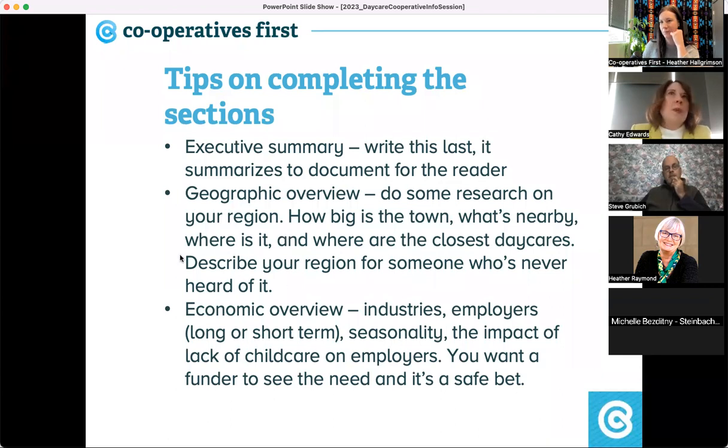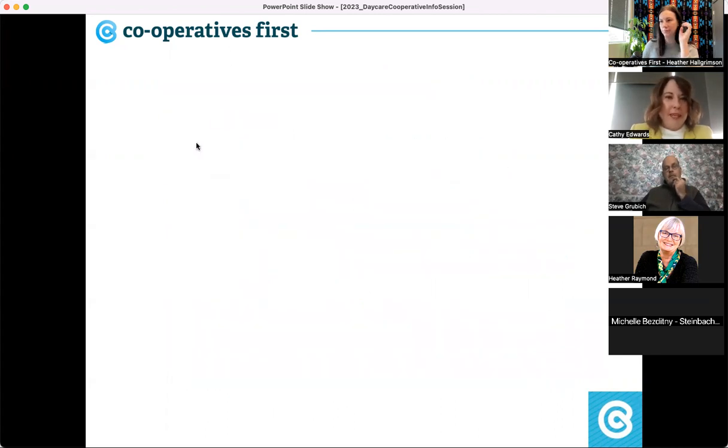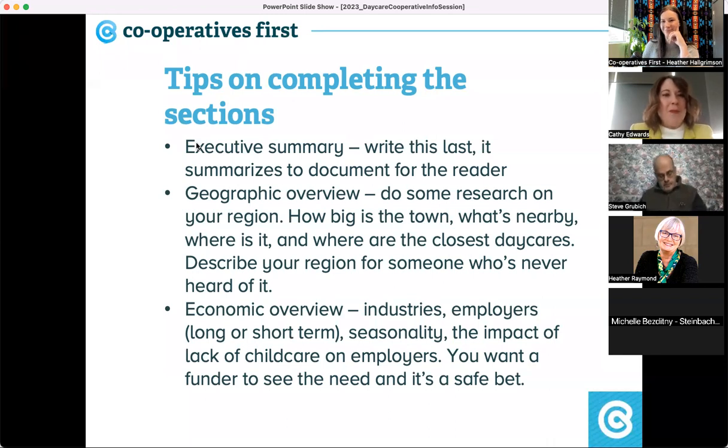This is also important from a funding perspective, because the government is looking for long-term economic health and longevity before making that financial investment. So if you've got a school and a correctional facility nearby and you want to service them with childcare, those institutions are probably going to be around for the foreseeable future.